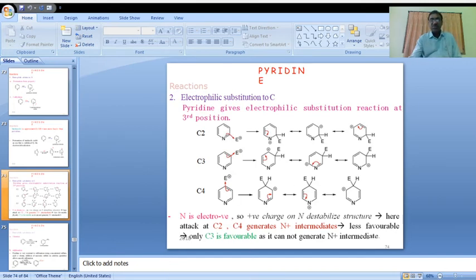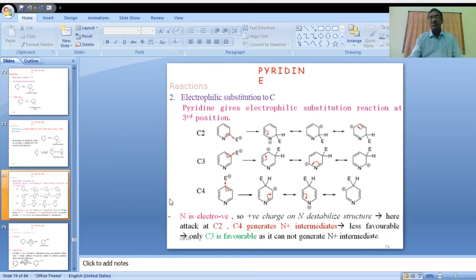Here, one more piece of information, please observe. Only C3 is favorable, as it cannot generate a nitrogen positive intermediate. Please observe in the structures.